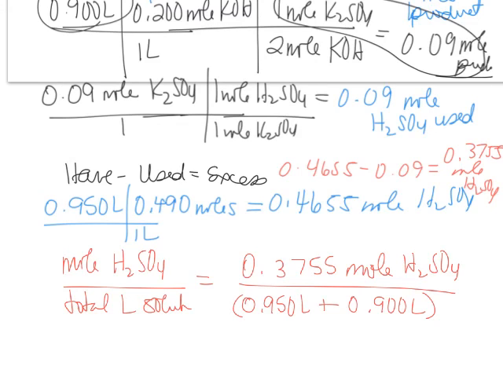So we're just going to take that 0.3755 and divide that by the sum of 0.950 and 0.9 to give us an answer of 0.203 molar sulfuric acid. You see, and that's exactly what I got. Okay, and that sums up Chapter 4 recitation problems.